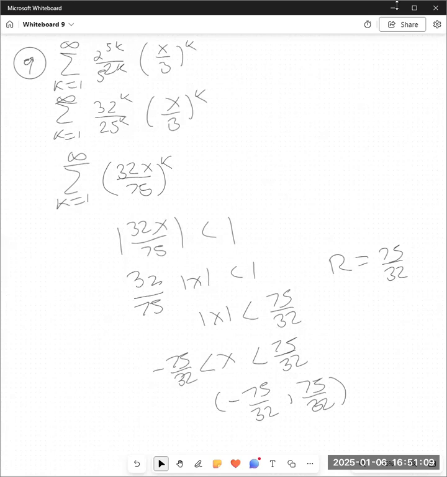Let's move ahead now to number 23 in the textbook. And we're going to look at re-indexing some series here. So the first question is the sum from n equals 1 to infinity of n c sub n x to the n plus 2. And it asks me to shift the summation index so that the general form of the series involves x to the k. So I want k to be equal to n plus 2.